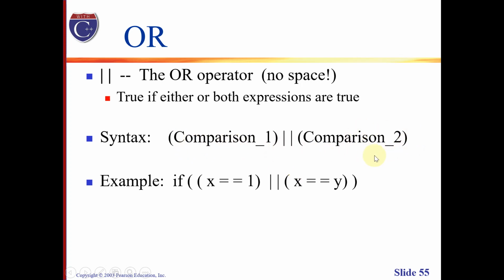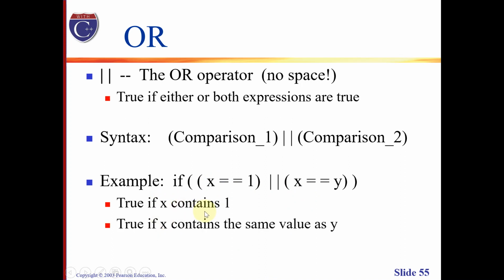If both are true or either of them is true, this would give us a true result. For instance, we have the following expression. It will become true if x contains 1, and true if x contains the same value as y, and true if both comparisons are true. So that's how the OR operator works as opposed to that of the AND operator.